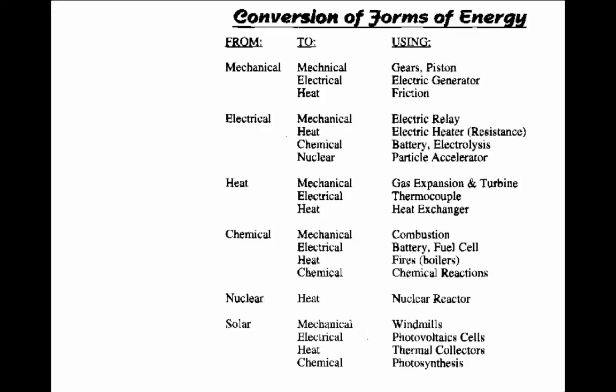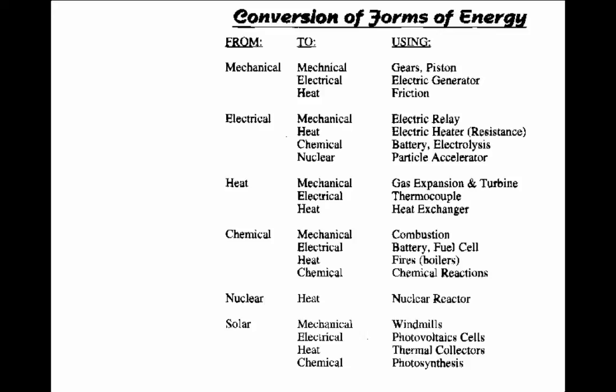We can move magnets next to wires, and they take the rotational energy of those magnets moving near the wires and create electricity. We can take mechanical energy and turn it into heat. I can do it just by taking my hands and rubbing them together, and you can do this just as we're talking, and you'll see that you've converted mechanical energy of the movement of your hands into heat through friction.